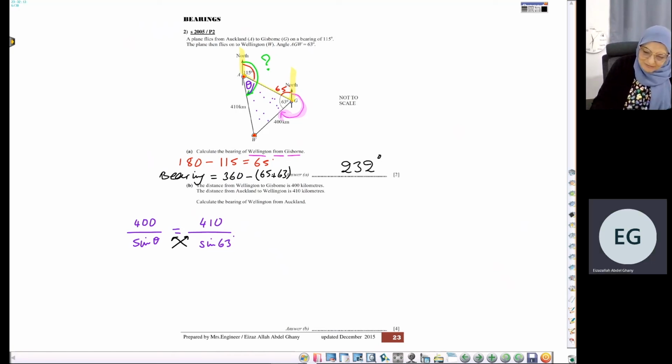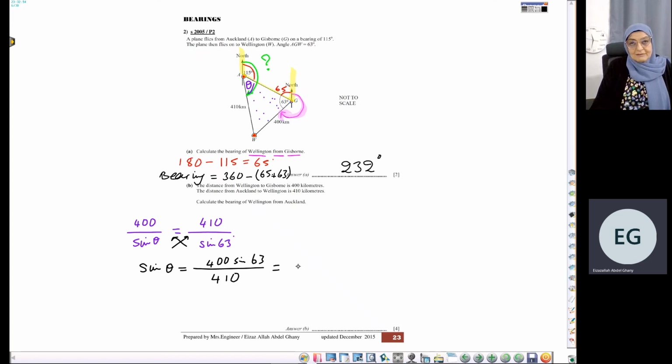Now, to make sine theta the subject of the formula, sine theta equals a long fraction: 400 times sine 63 divided by the number connected to the unknown, which is 410. So use the fraction button and write in the numerator 400 sine 63 close brackets, go down in the denominator and write 410 equals.